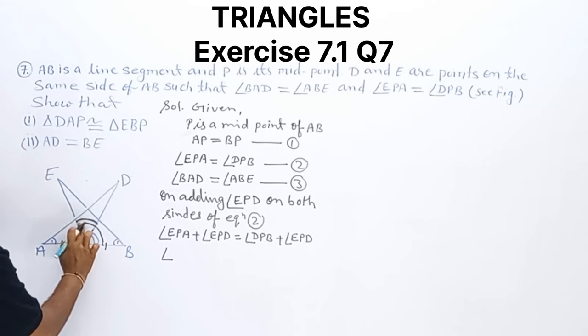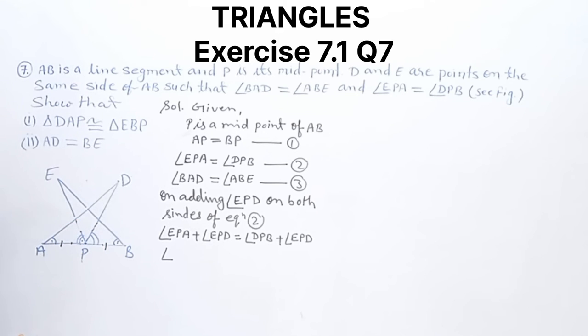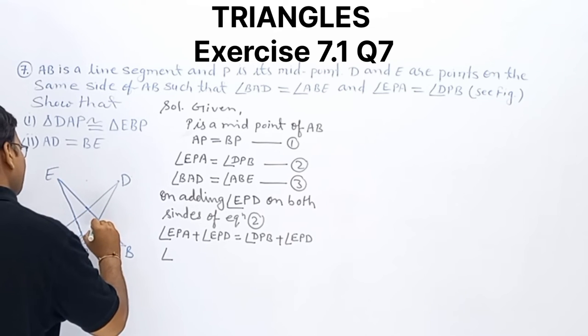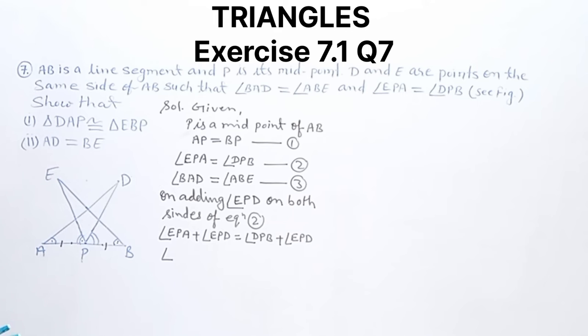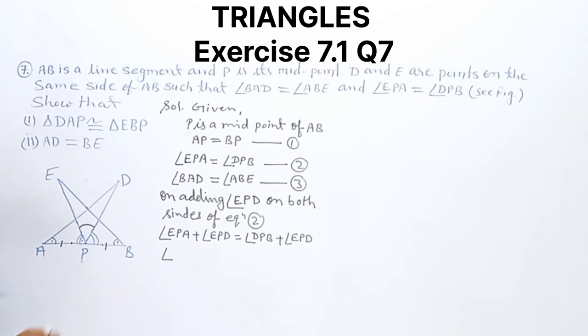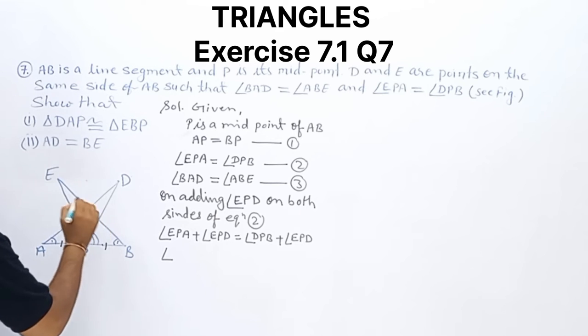Again I am drawing, observe this one. What is the meaning of this one? We are considering this angle plus this angle, plus this angle, will be what? This one. Clear?